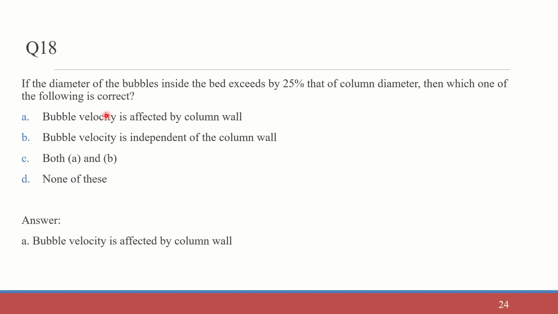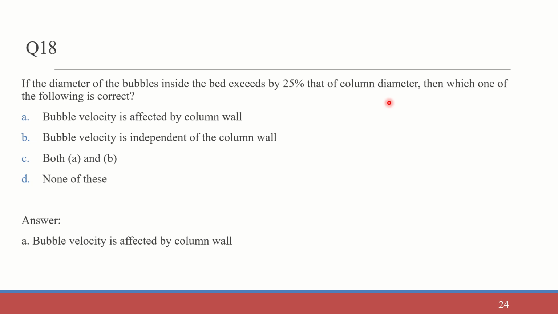Because again here we are able to see that the diameter of the bubbles inside the bed exceeds 25% of the column diameter. We have already seen in the previous question at what diameter of the bubble the wall effect comes into picture. We have seen it as 1/4 of the diameter of the bed. So it is exceeding that 25%.